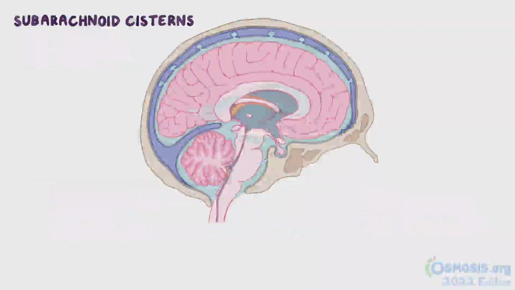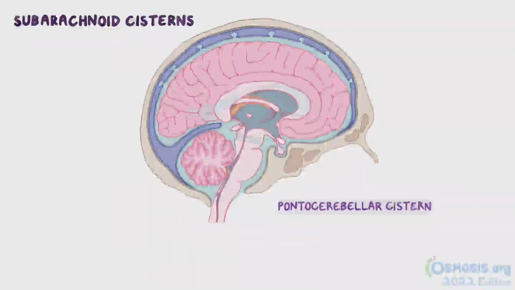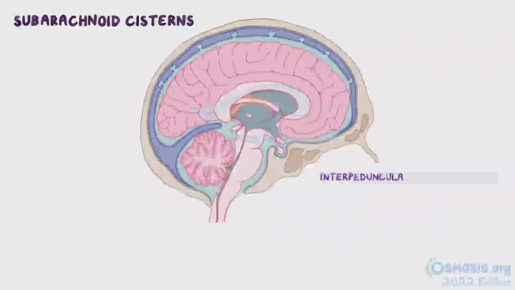Then, ventral to the pons, there's the pontocerebellar, or pontine cistern, which contains the basilar artery and continues inferiorly into the spinal subarachnoid space. Next is the interpeduncular, or basilar cistern, which sits between the cerebral peduncles of the midbrain.